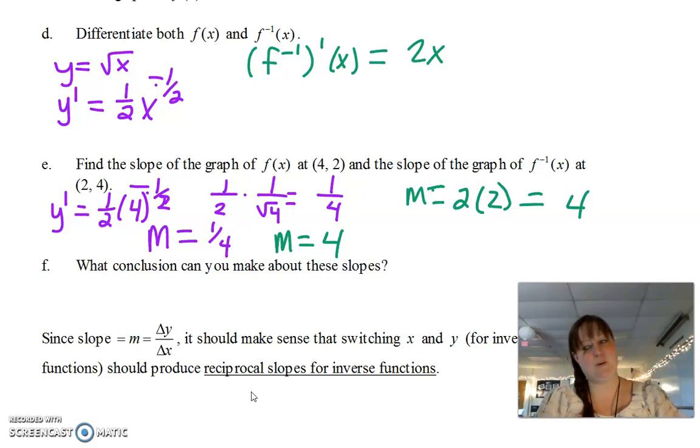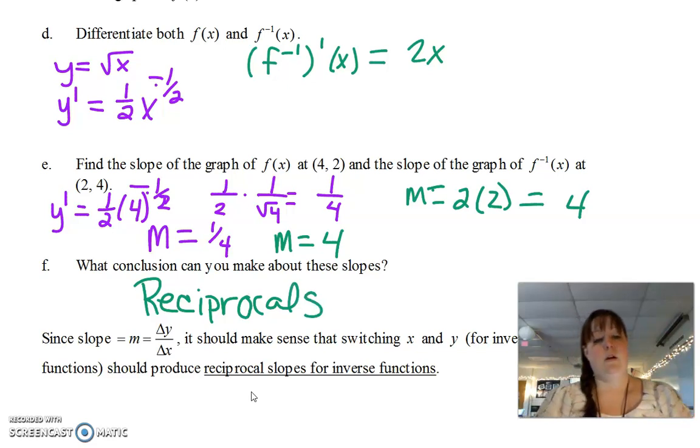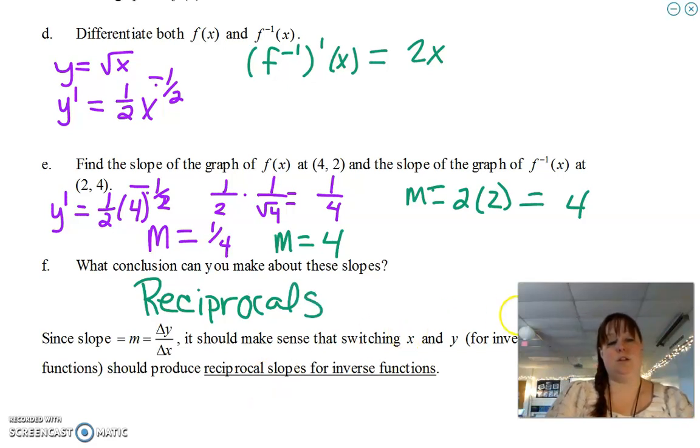Well, they're reciprocals. They're not opposite reciprocals, they're just reciprocals. It makes sense because the slope is change in y over change in x, and when we switch x and y, we get change in x over change in y. So our slopes would be reciprocals.